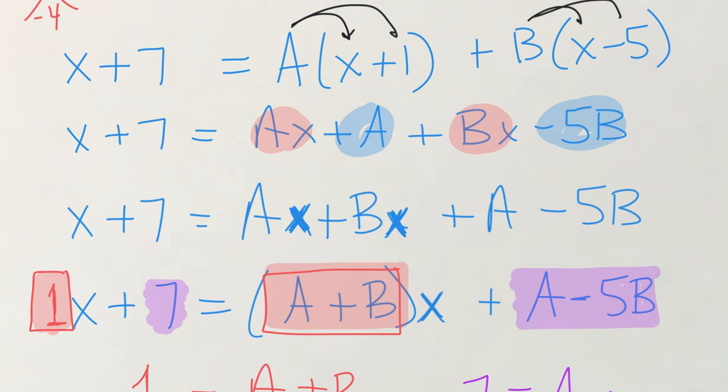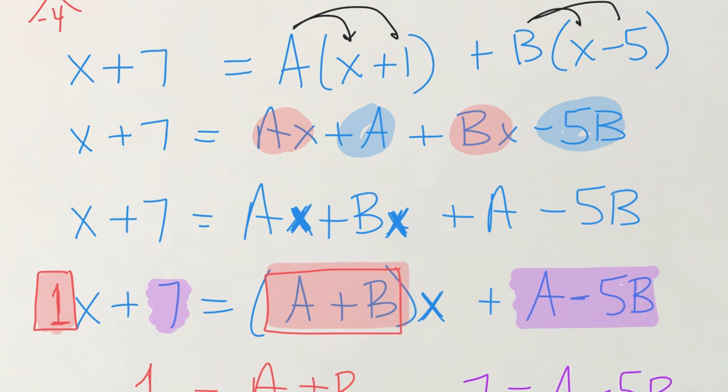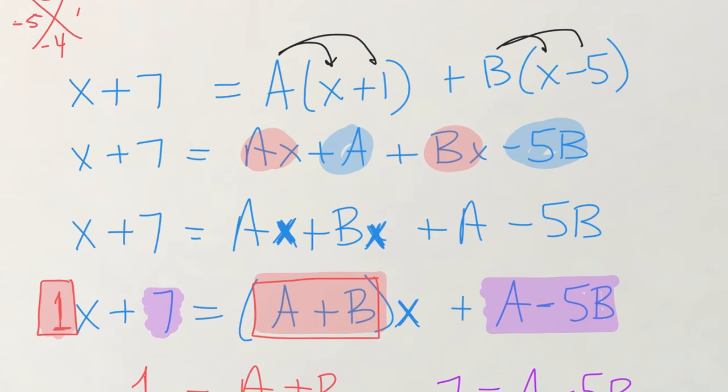Sorry, not b5. I want to write 5b. So there's your system. 1 equals a plus b, and 7 equals a minus 5b. So now let's write it more like a system so we can solve it over here. Okay, 1 equals a plus b, 7 equals a minus 5b.